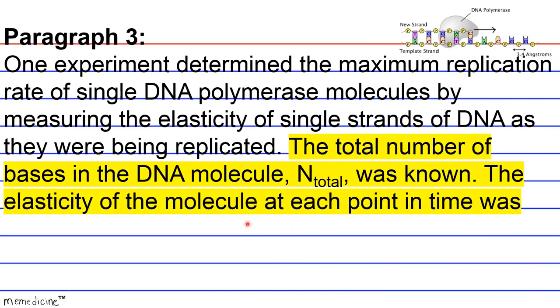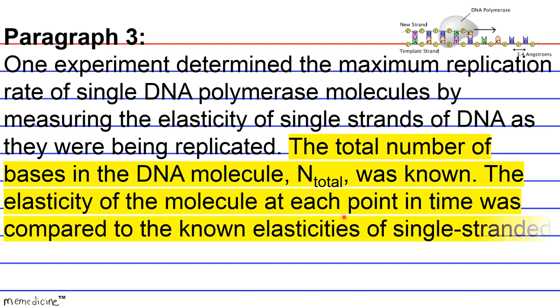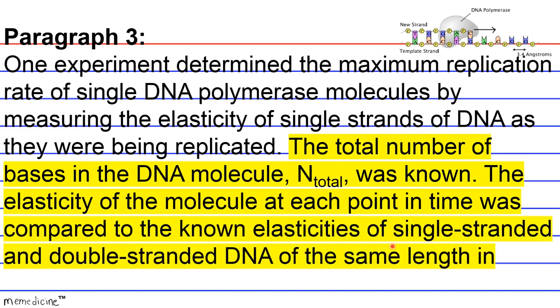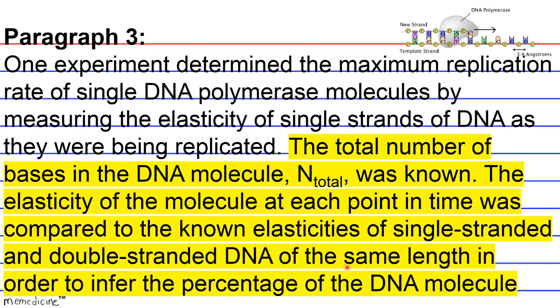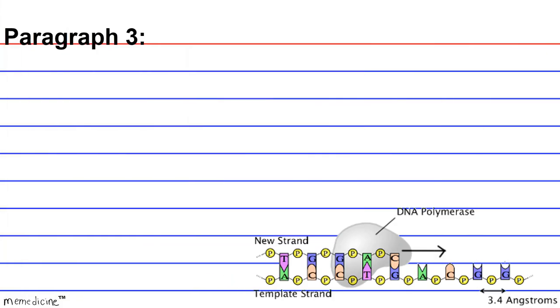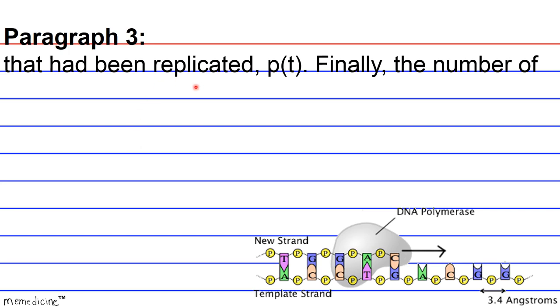The elasticity of the molecule at each point in time was compared to the known elasticities of single-stranded and double-stranded DNA of the same length in order to infer the percentage of the DNA molecule that had been replicated, which is denoted P of T.